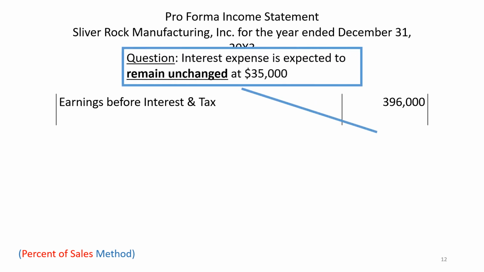The question states, interest expense is expected to remain unchanged at 35,000. So we have interest expense at 35,000.